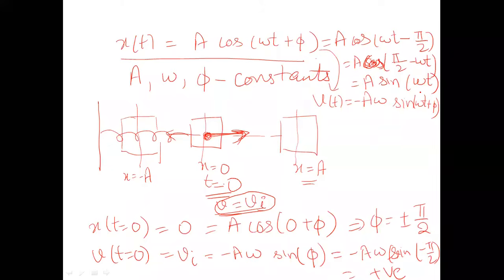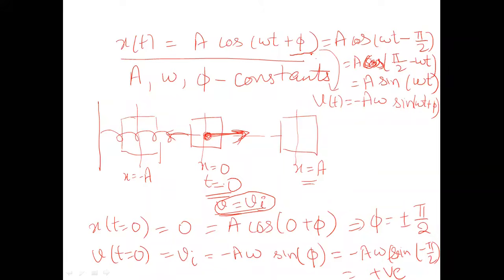And that's what I meant yesterday when I said that your sine and cosine are interchangeable functions. By using this phi, which is your phase constant, you can convert your sine into cosine and cosine into sine. So you can start by taking your solution as a cosine function also. Nothing is stopping you from doing that. You can say that in this case also, I want to start with the solution A sine of omega t plus phi.